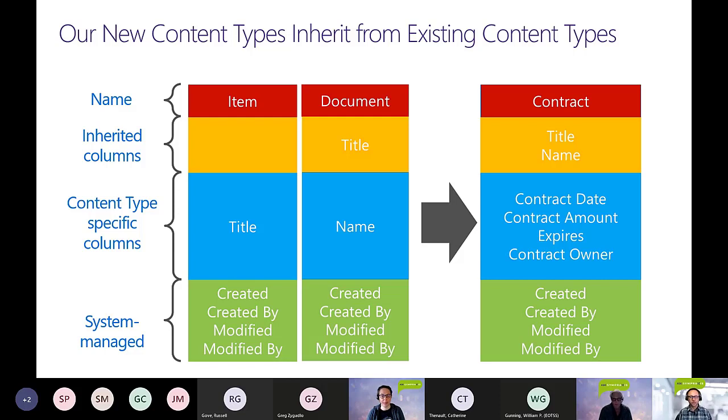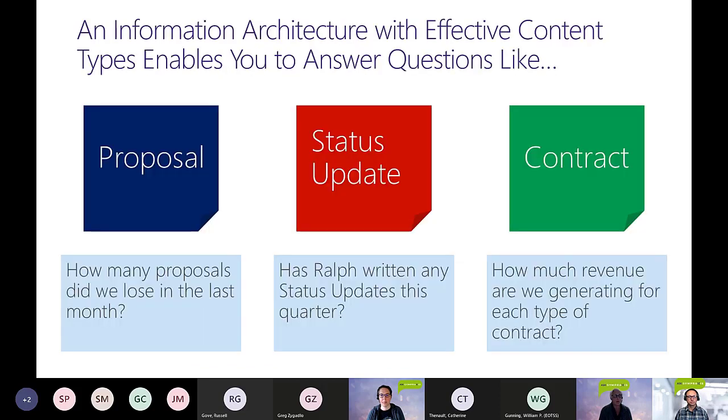Everybody's going to have slightly different metadata because they think about even a contract a little bit differently based on what they want to do with it in their organization. So you inherit from an existing content type. You either just give it a name, or you give it a name and you add a couple of extra columns, and then you can build some inheritance from that as well. So you could have different kinds of contracts, for example.